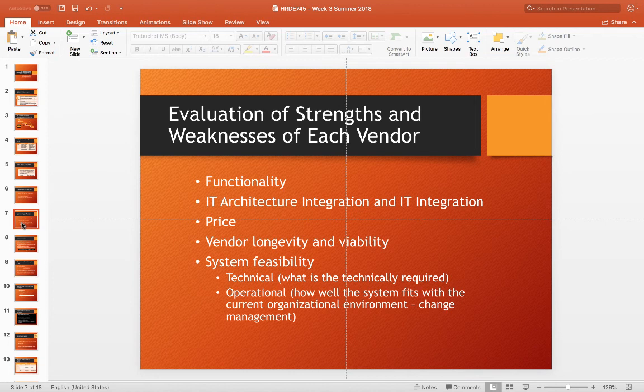Because by the time you go to present your plan, you basically go with, we have talked to Workday, we have talked to SAP, we have talked to Oracle, and this is what came out of the reviews, and here's how we came out with the results of selecting this vendor.